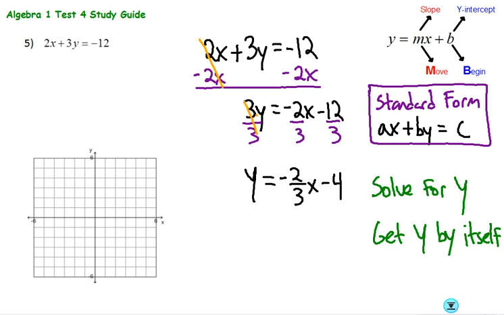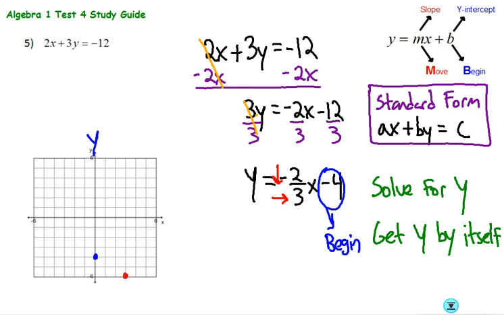So now that it's in slope-intercept form, that's where I'm going to begin, which is negative 4 on the y. So 1, 2, 3, 4. And then my slope works the same. This is a negative, so I'm going to go down 2, and right 3. So down 1, 2, and 1, 2, 3 to the right. And connect your 2 points.